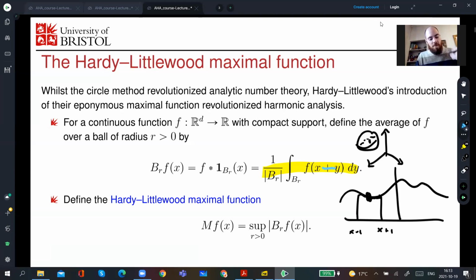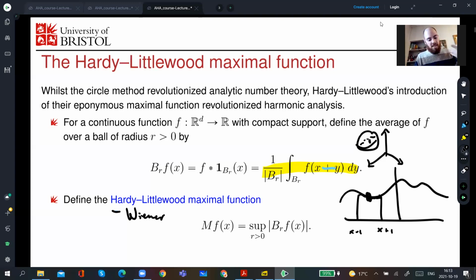And you form the maximal function, or the Hardy-Littlewood maximal function, which might also be considered as the Hardy-Littlewood-Wiener maximal function, by taking the supremum amongst all these averages, with the twist that I take the absolute value of the average. Great.